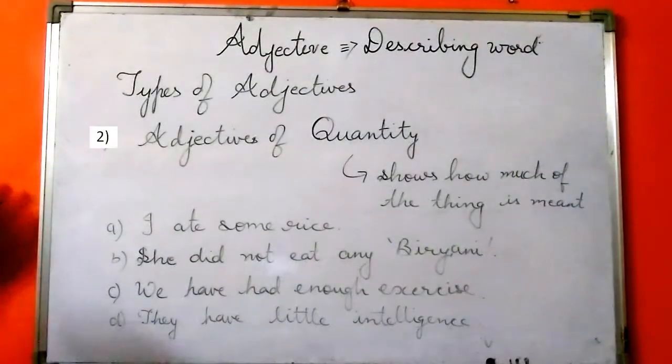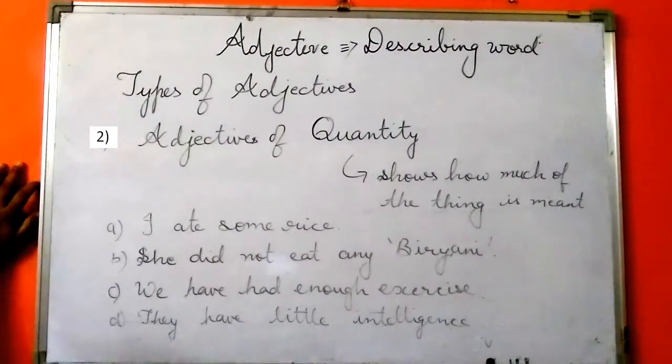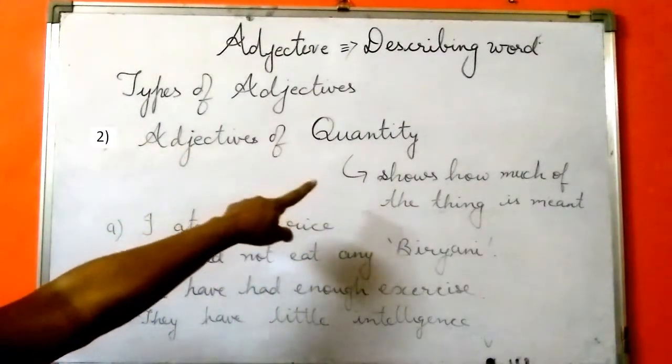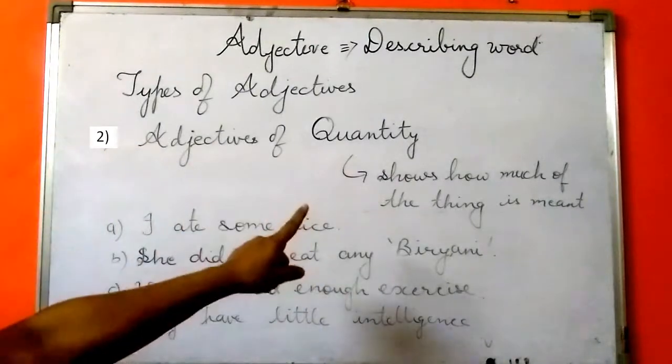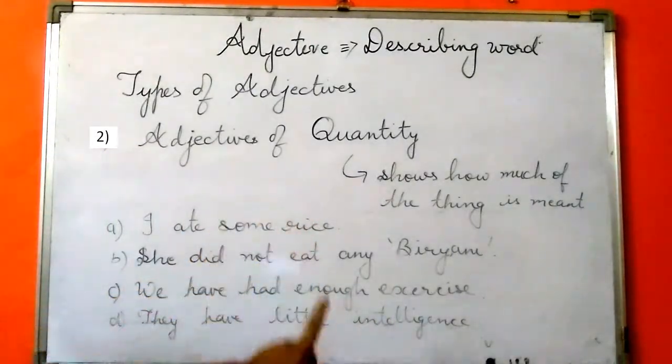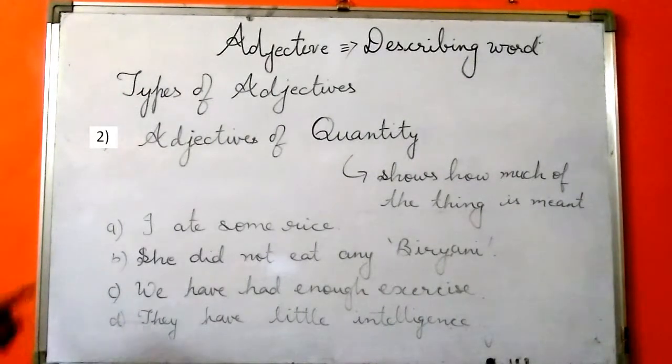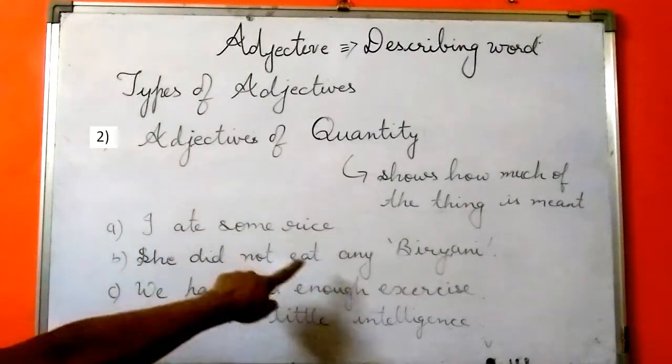The next ones that we are going to do are called adjectives of quantity. And what do they show? They show you how much of the thing is meant. These words will tell you how much of a particular thing was used, was eaten, was thrown, was had, and so forth. Let us now look at the example. I ate some rice.